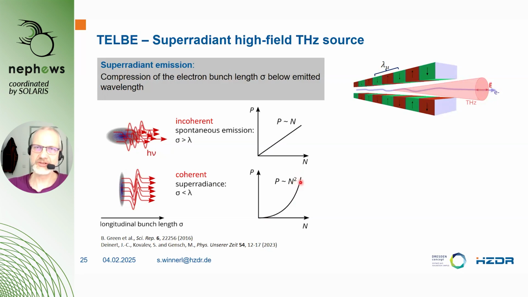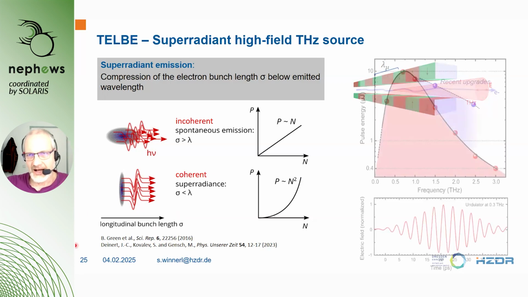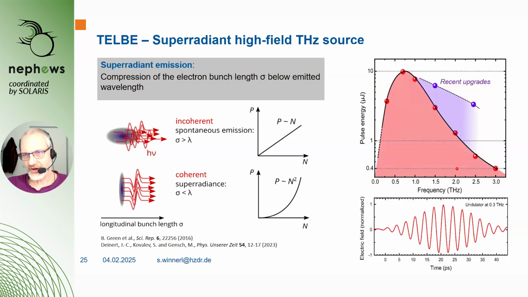This is what we want for such a source. So since the bunch compression is limited, in particular for high bunch charges, in wavelengths one is limited to a lower frequency range. So it's in the lower terahertz range, basically. So Telbe goes up to 2.5 or 3 terahertz nowadays.